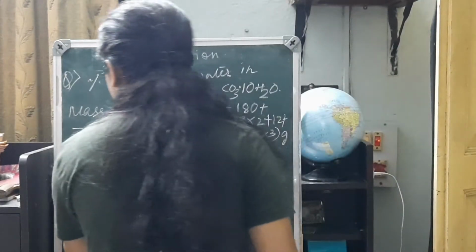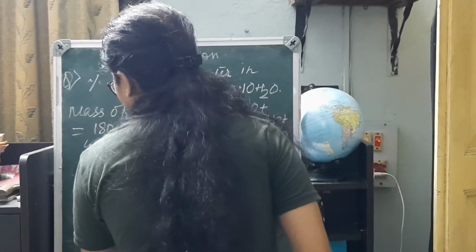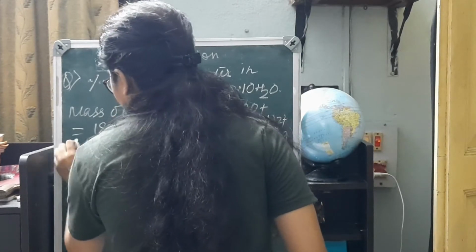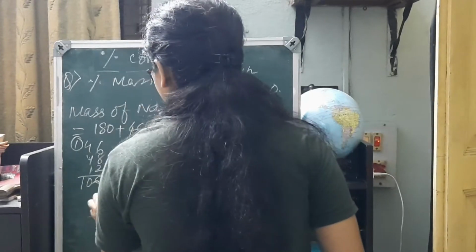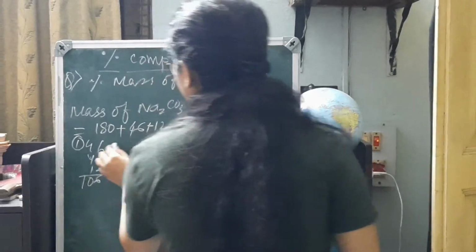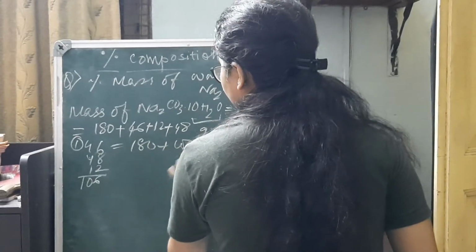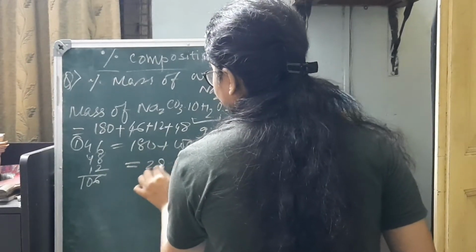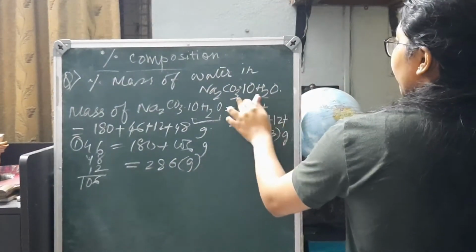Calculating it, it is 180 plus 106, that is 286 gram. And what is the mass of water provided here?